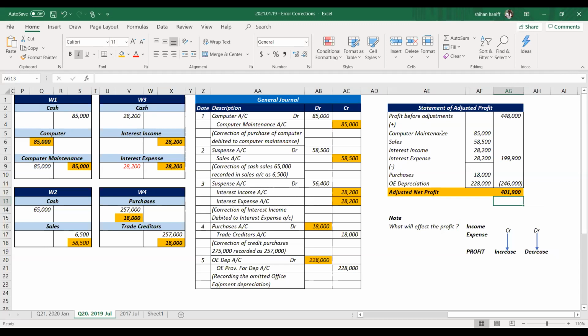Second step, credited items will be added, debited items will be deducted. So you can copy this and we will move to another question.